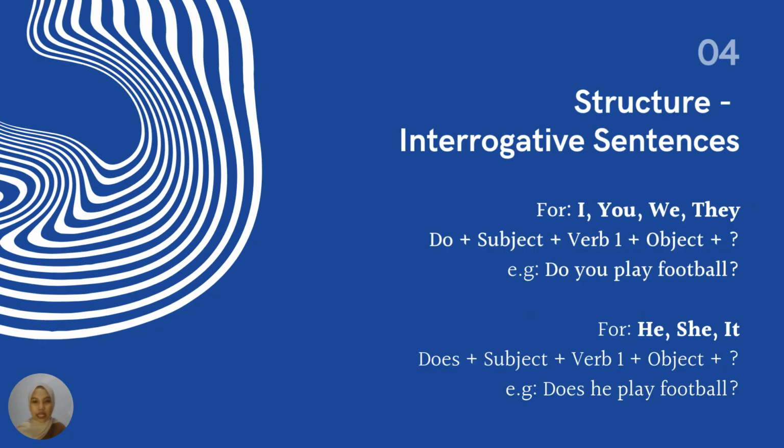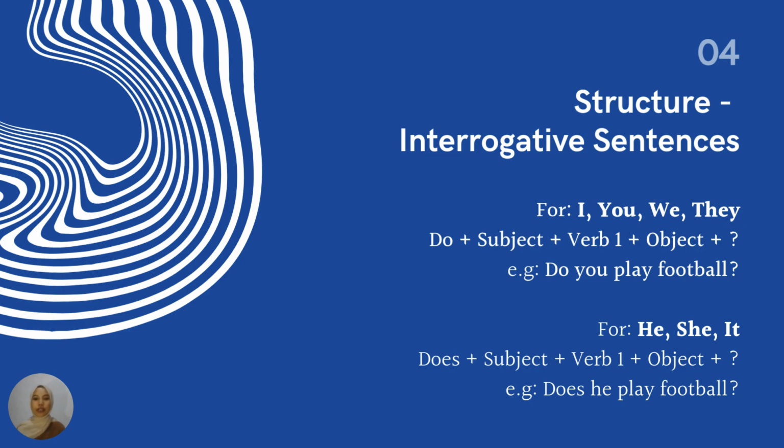And then this is the structure for interrogative sentences. For subject I, you, we, and they, you can use do plus subject plus verb one plus object, and then you can add the question mark. For example, do you play football?